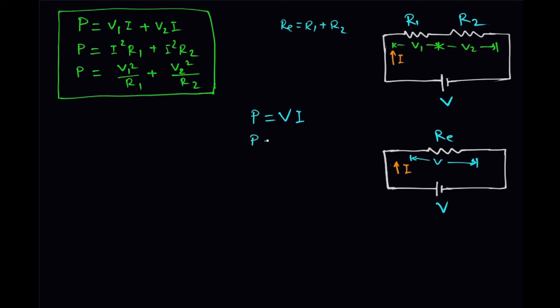Similarly the power is equal to I square RE, or we can write P is equal to V square divided by RE. We can use these three formulas also for calculating the total power.